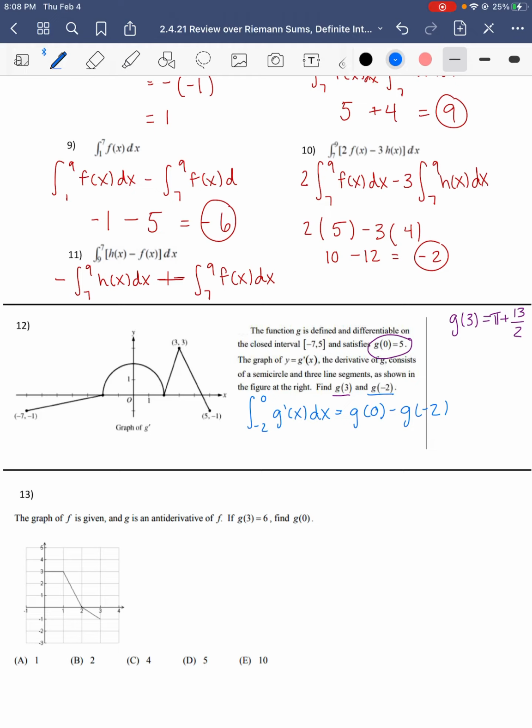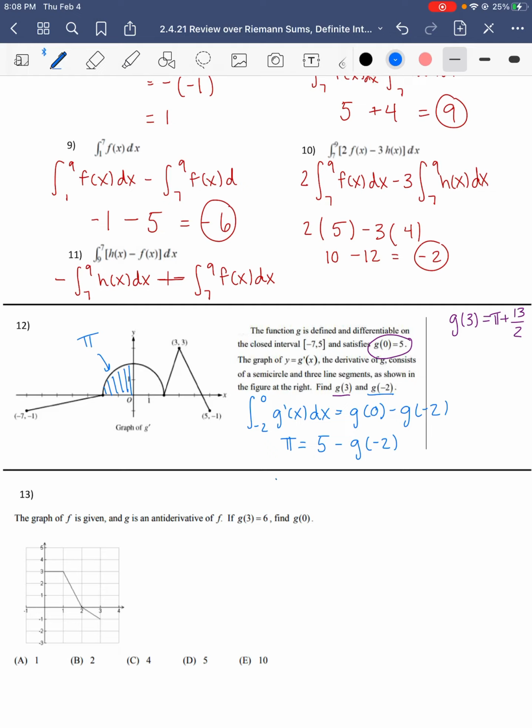So this time I need the area under the curve from negative 2 to 0, which again is just going to be a quarter circle. We learned that that area was just pi. So we have pi equals g of 0, we know, is 5, minus g of negative 2.